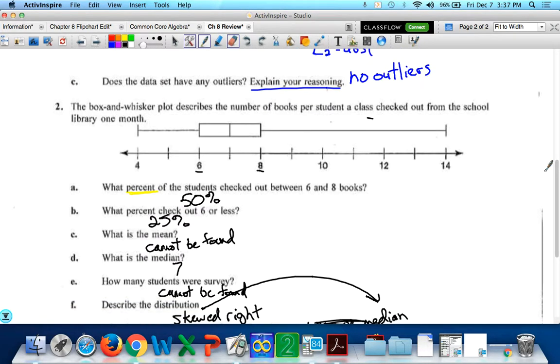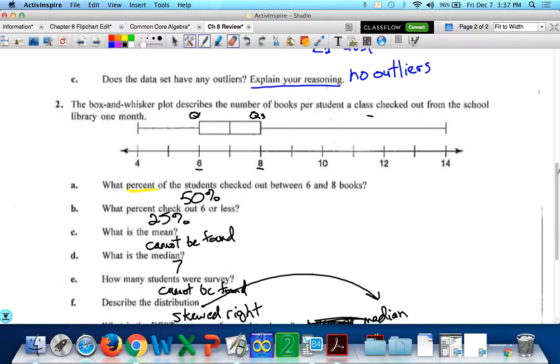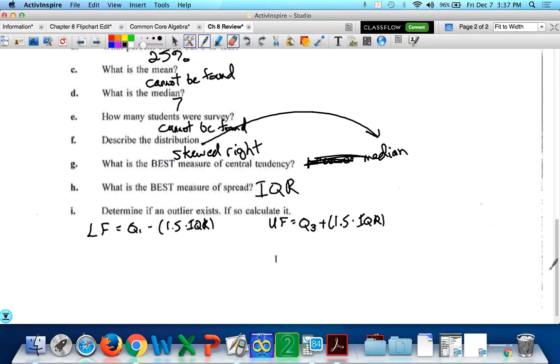Our Q1 is 6. Our Q3 is 8. So what we're looking at here is 6 minus 1.5 times the IQR. Well, 8 minus 6 is 2. And we're looking at 8 plus 1.5 times the IQR of 2. Okay?